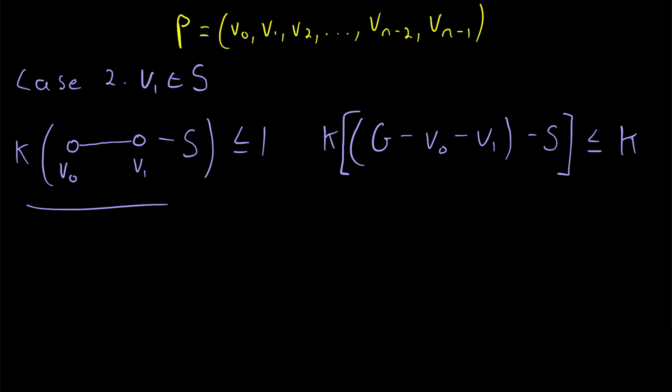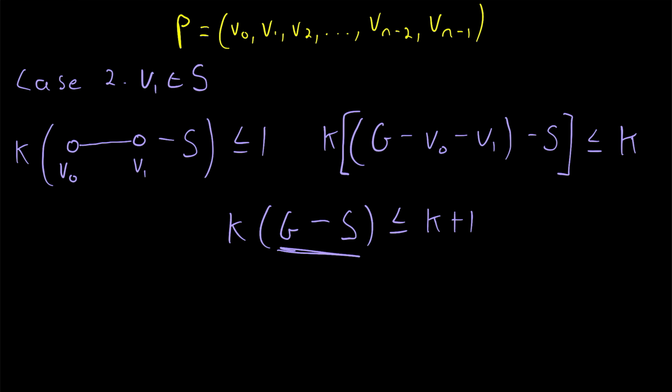And then these two facts together mean, of course, that the number of components in the original graph G that we're actually interested in, minus that set S of k vertices, has to be less than or equal to k plus 1. Because at most, G minus S will have all 1 components of this graph and all k components of this graph.